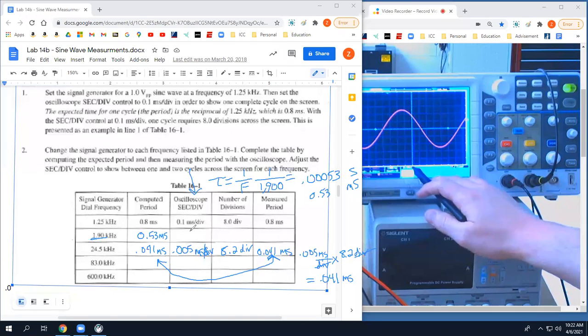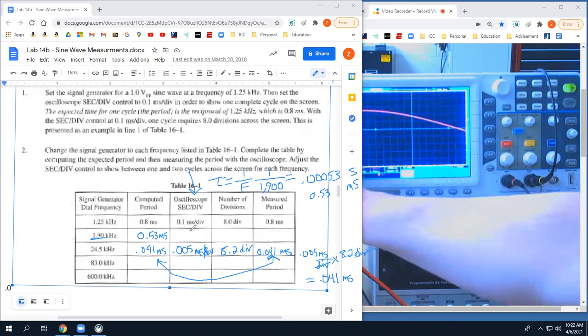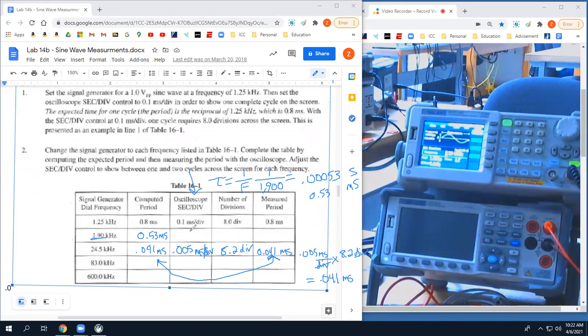Right, but what does your oscilloscope say? 10? Does your sine wave look like that? That means your frequency is not 1.9 kilohertz. It is?